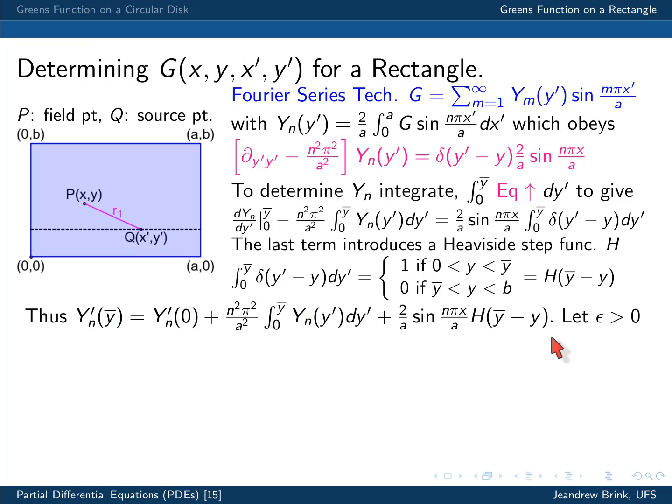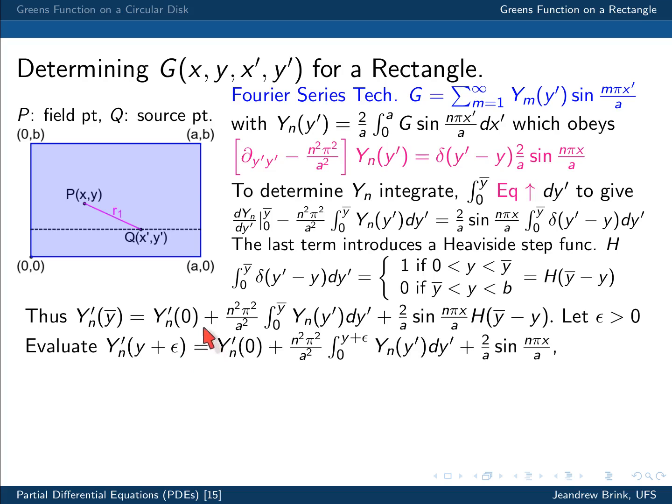To explore that, let epsilon be greater than 0, and let us simply evaluate this function at y plus epsilon. Just writing out this thing at y plus epsilon, the only place where it changes is this bound of integration, which becomes y plus epsilon, and this Heaviside function we can evaluate, and it simply equals 1 because y plus epsilon minus y is just epsilon, which is greater than 0.